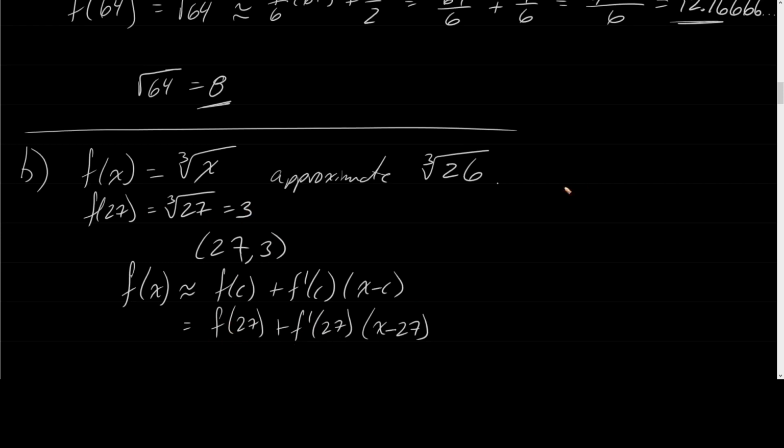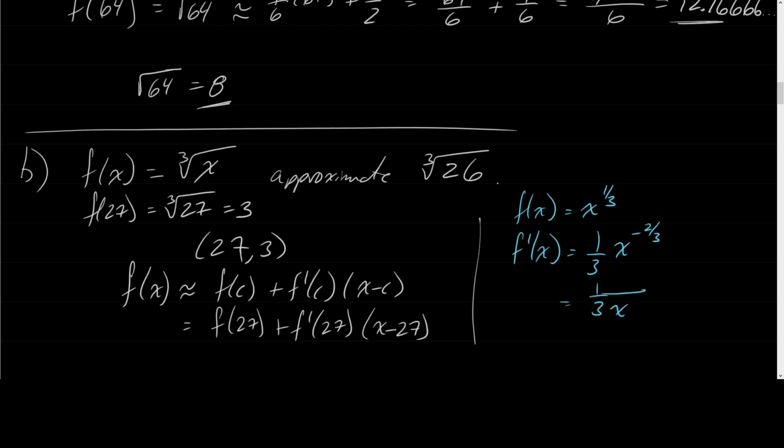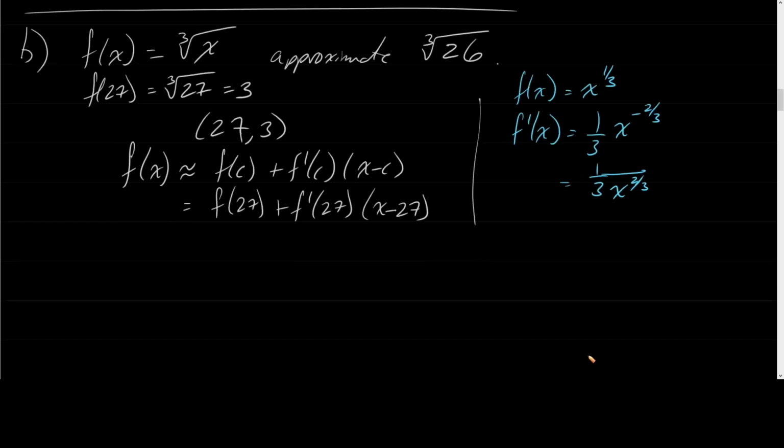But f prime of 27, so let's do some side work. We know that f of x is x to the 1/3. Then f prime of x would be 1/3 x to the negative 2/3. In other words, 1/3 times 1 over x to the 2/3. Now, that's for just f prime of x, but I need f prime of 27.